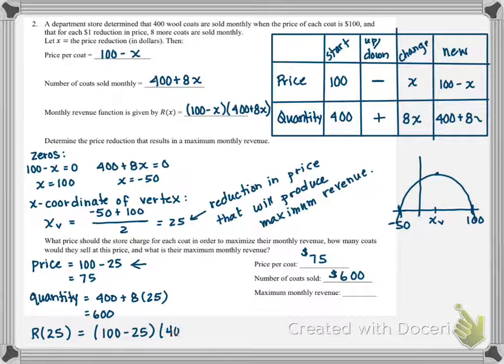And 400 plus 8 times 25 is exactly how we got that 600. So I could plug 25 in all over again, but both ways I'm just multiplying 75 times 600, which is, you guys tell me. Oh, it's 45,000. Thank you. So that's going to be my maximum revenue.